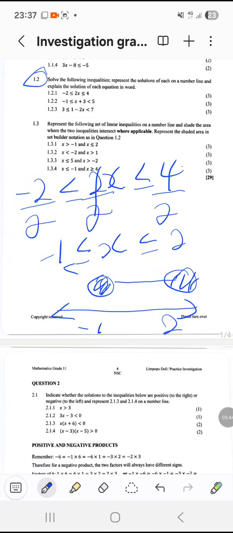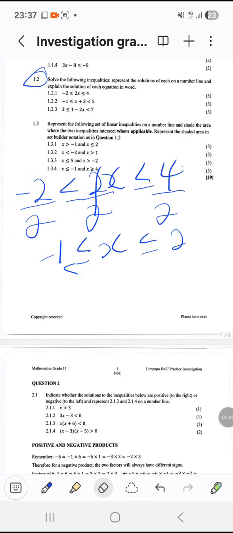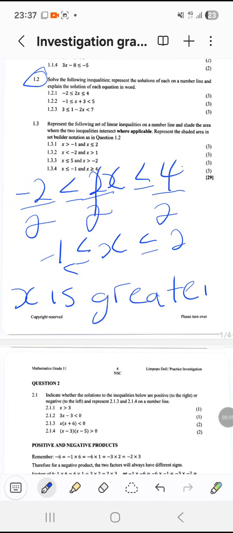In words, so we say x is greater than what? Than minus 1.